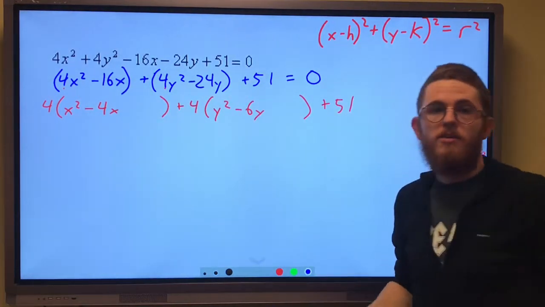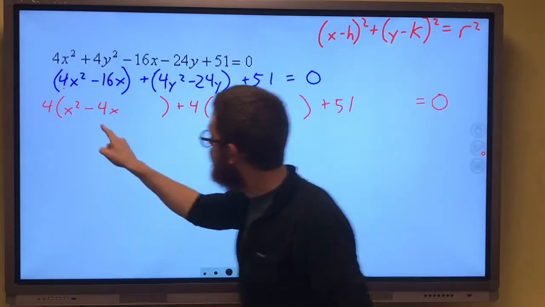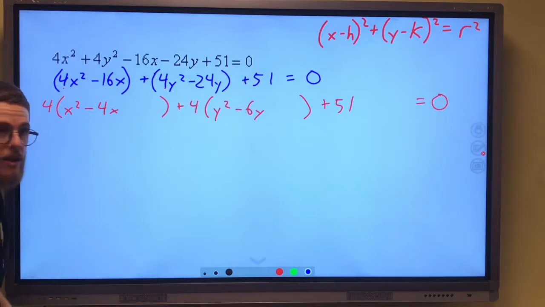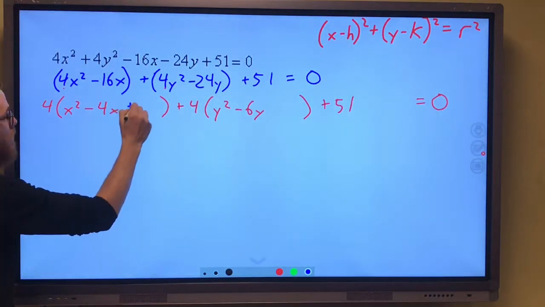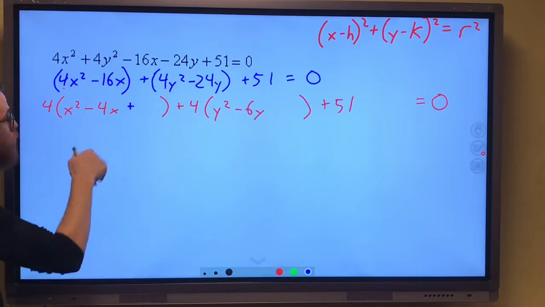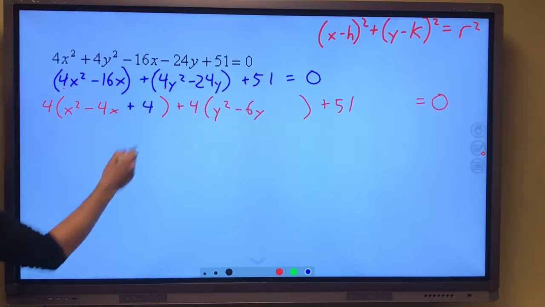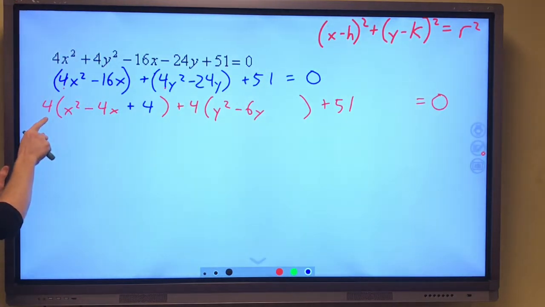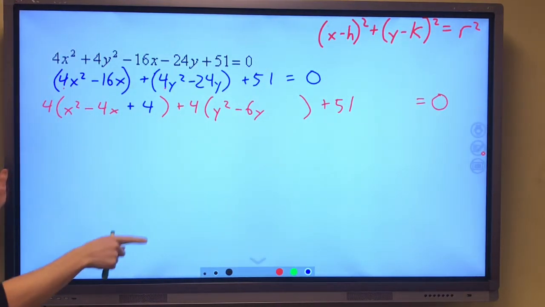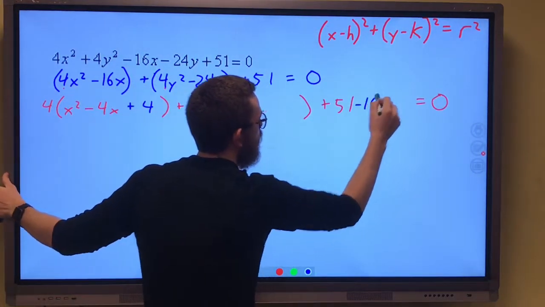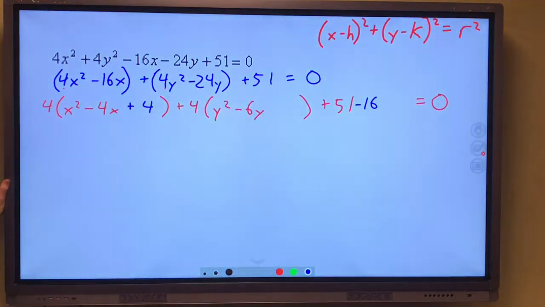Now, to complete the square, we take the coefficient in front of our x, we cut it in half, we square it next, we paste it onto the inside here. So 4, cut it in half, we get 2 squared is 4. Doesn't matter what the sign is when we square it, it's going to be positive. We multiply it times the number out in front, and we subtract that. 4 times 4 is 16, so I'm going to be subtracting 16 from the outside.